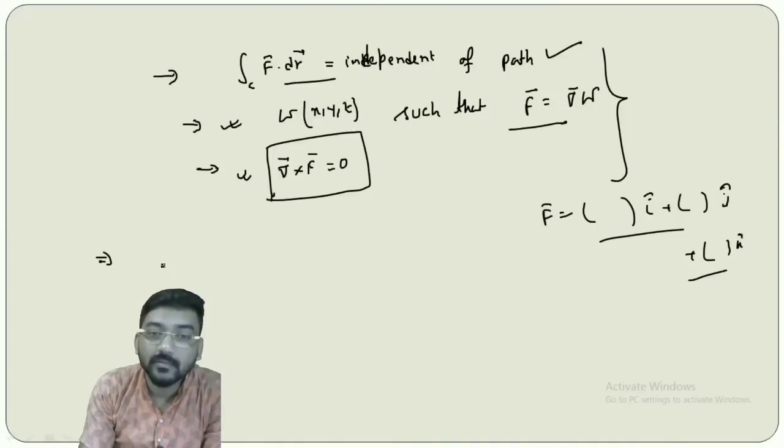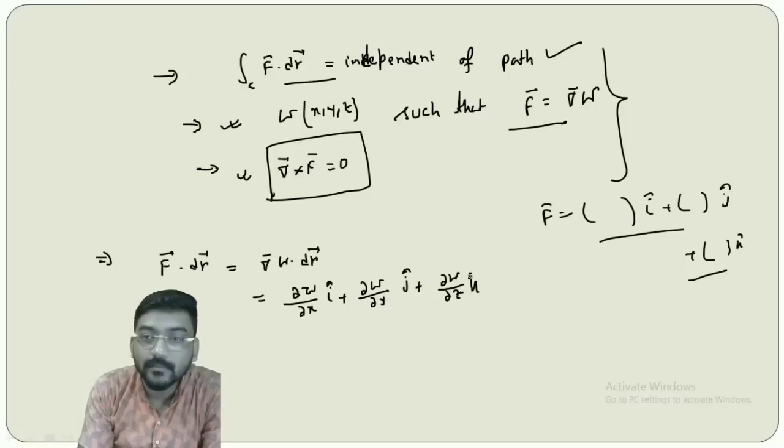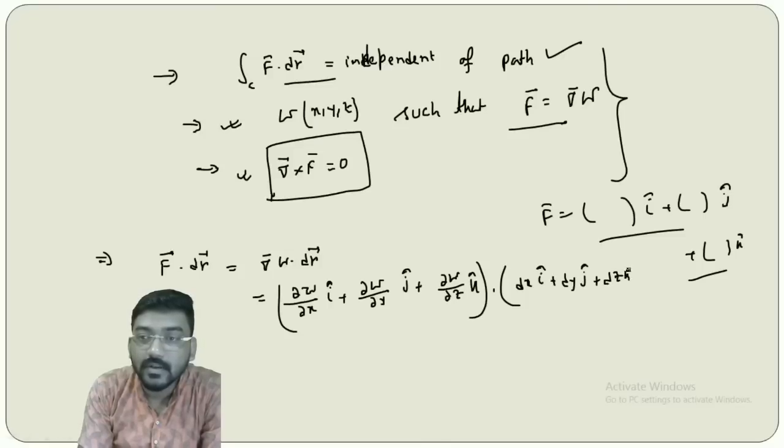Another important thing I have to say here is what f dot dr is. If we want to find f dot dr, we can write f as gradient of w. So this will be gradient of w dot dr, that is del w by del x i cap plus del w by del y j cap plus del w by del z k cap, dot dr vector, which means dx i cap plus dy j cap plus dz k cap.